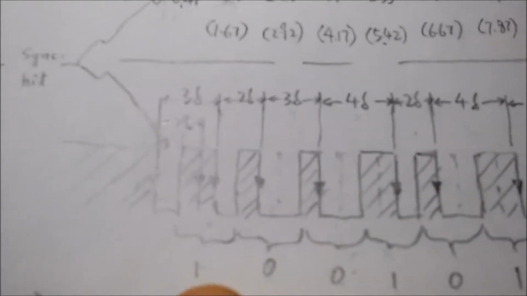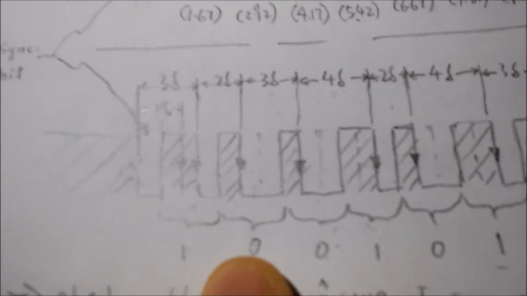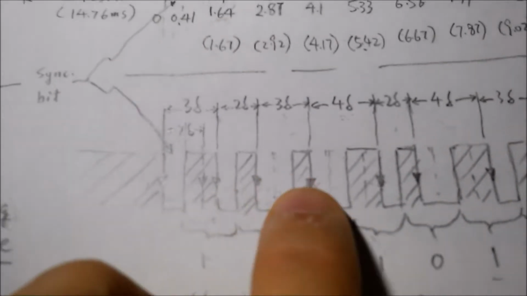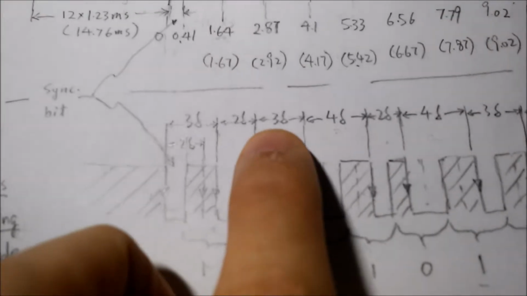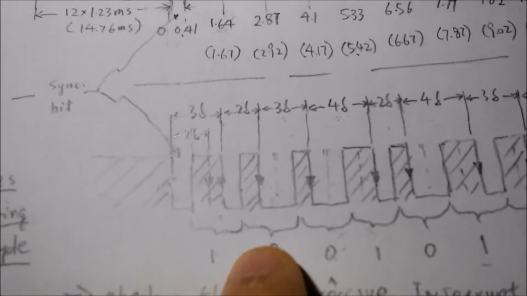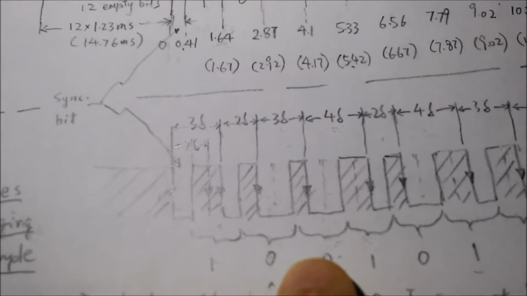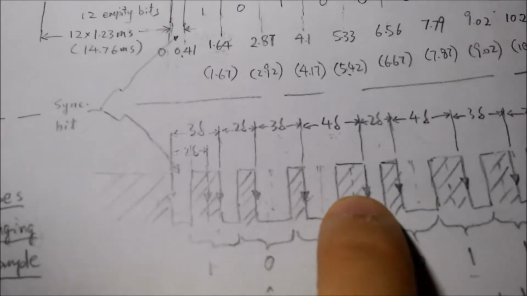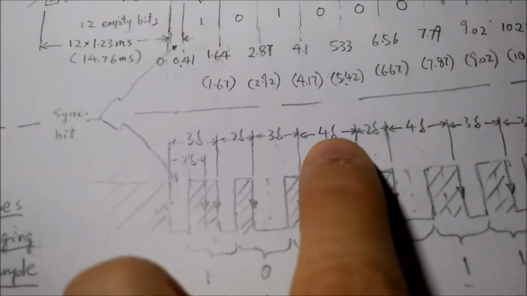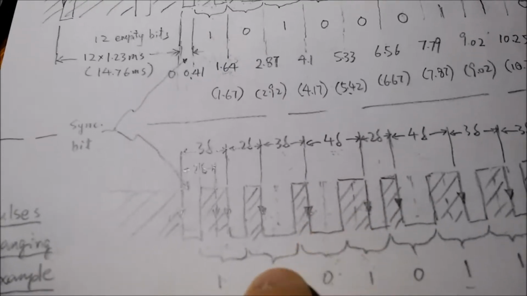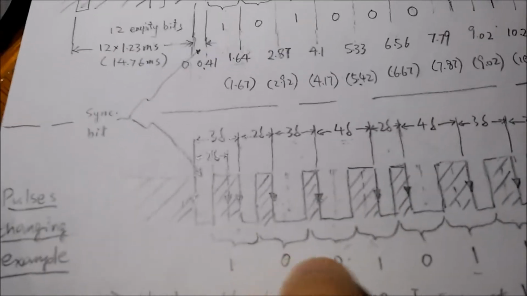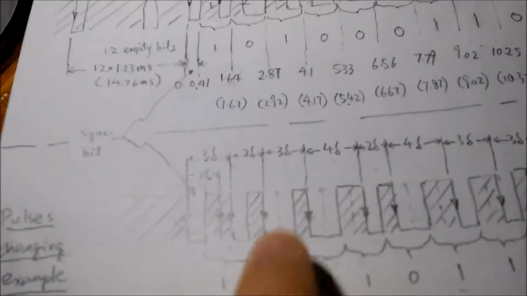So we look here, we first look at this 0 bit. This 0 bit, two falling edges, is 3 delta, but for this 0, these two falling edges are 4 delta. So how can we distinguish these two same 0 bits by this length?